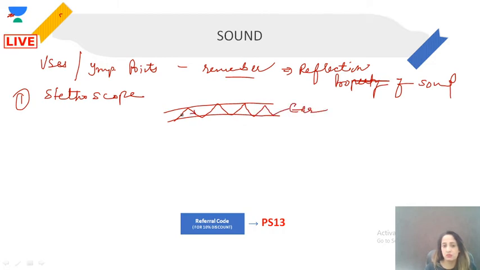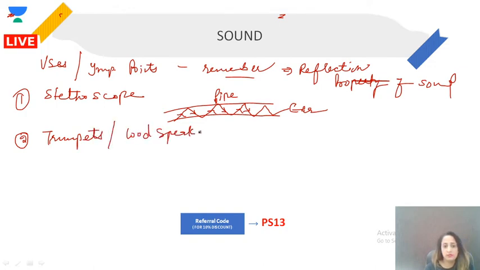So these are multiple reflections that take place through the stethoscope, as in this is the pipe of that stethoscope. It is very sensitive. Second is when you have those trumpets, right? You have loudspeakers, right?